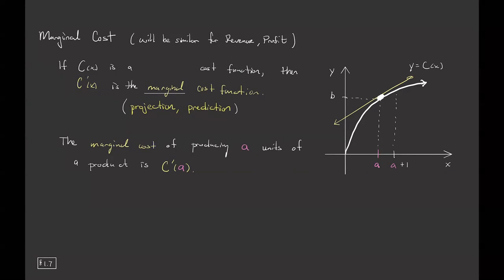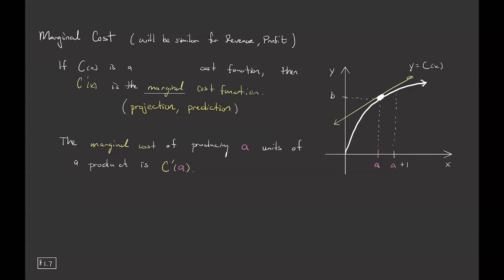It's some value, but you exactly know what it is because at that moment you are producing A units. So that's known information. Then information that you might like is to know, well, if we increase production, what's going to be the additional cost? Do we increase production, make one more unit a day or whatever amount of time, and it adds negligible cost? Or is it that if we add another thing, it'll add a lot of cost?